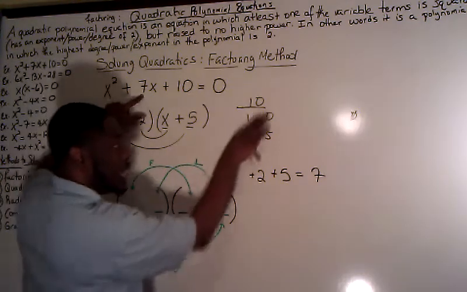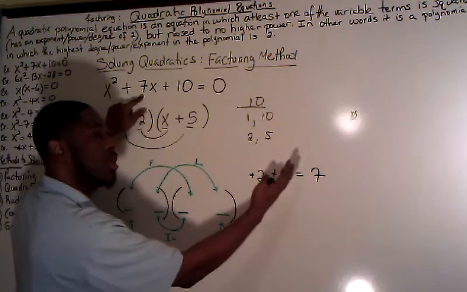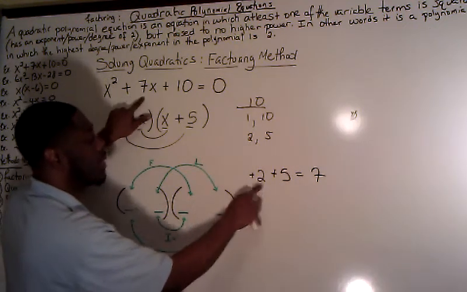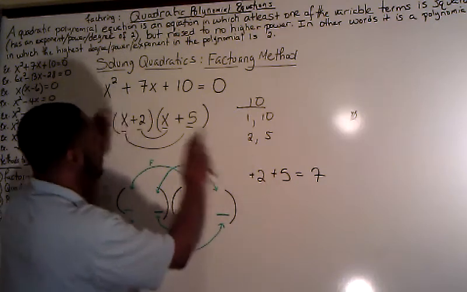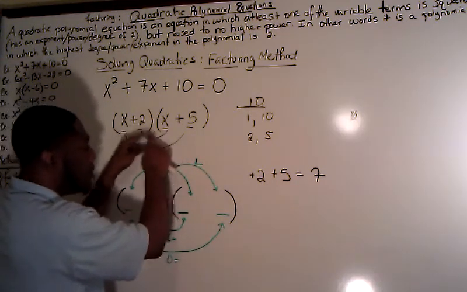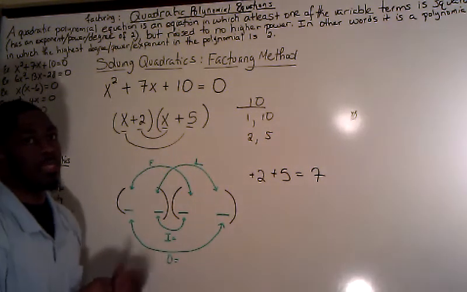You may want to lay out your factors like this. Once you determine those two factors that give you this middle number, you want to place the signs in front of them accordingly so that when you combine them, you get this middle term result. And that's just how we do it.